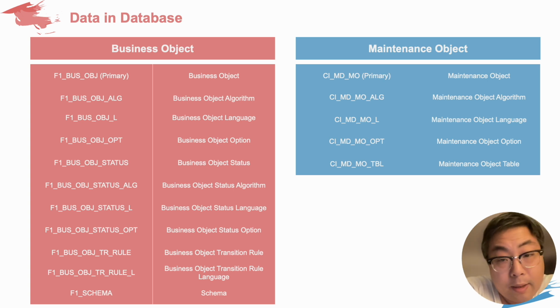Very likely you will have a language table. For example, here you can have a business object language table, and that's not just for these two maintenance objects. It is happening for, I would say, probably most of them, because it needs to support the localization for the application.